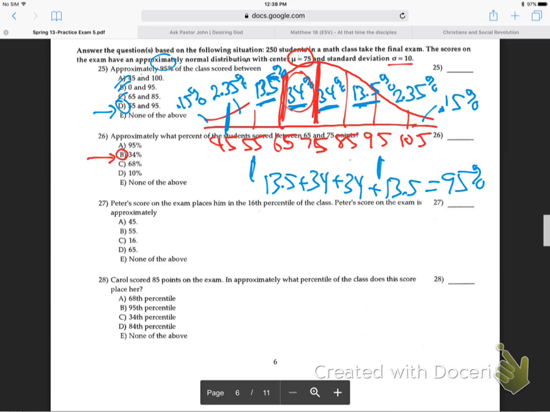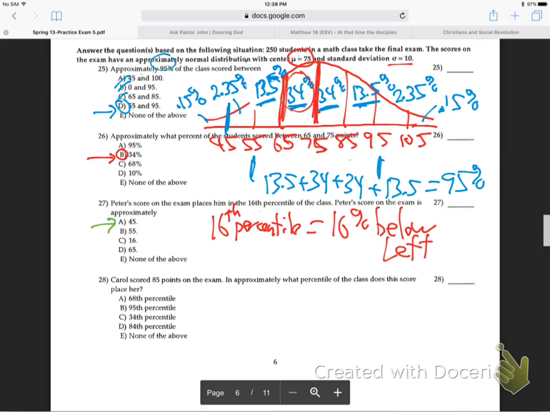Percent below. Write that on your card if you're not 100% clear on that. 16th percentile means 16% below. So they're saying what spot on that curve, and below means to the left.